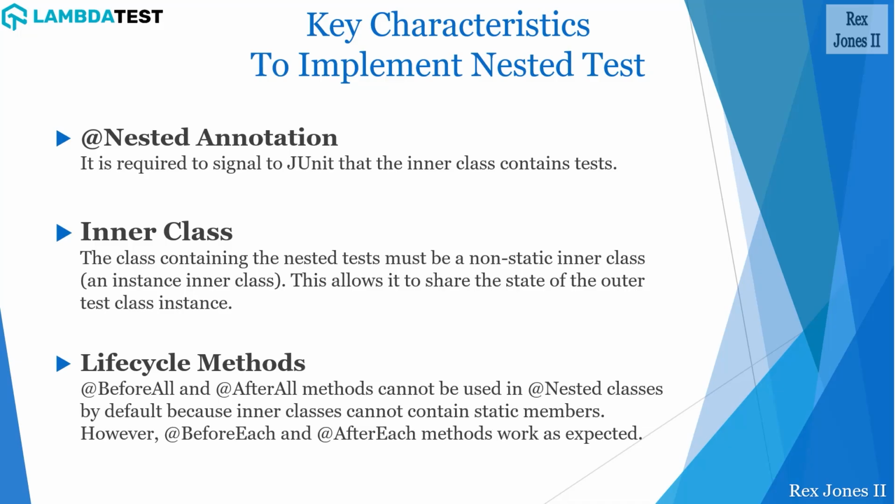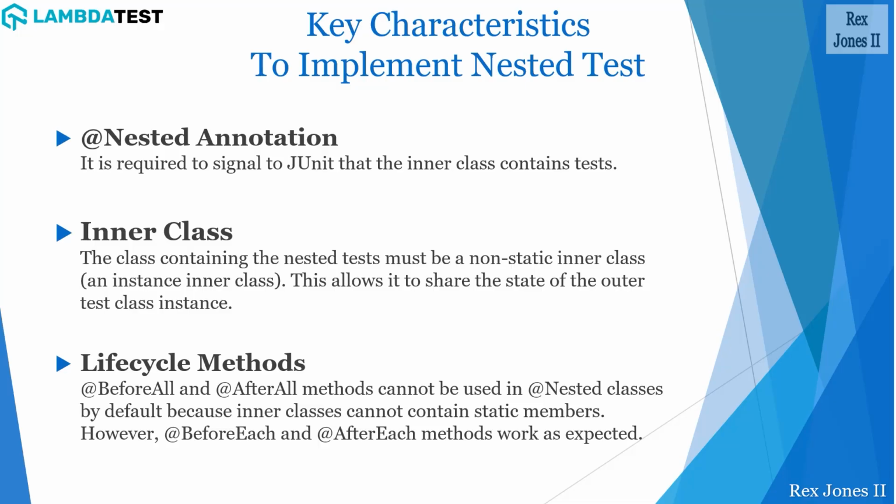We cannot use the BeforeAll or AfterAll configuration annotations. They cannot be implemented because by default, an inner class cannot contain a static member. BeforeAll and AfterAll are static. However, BeforeEach and AfterEach are not static. So we can implement those two configurations.